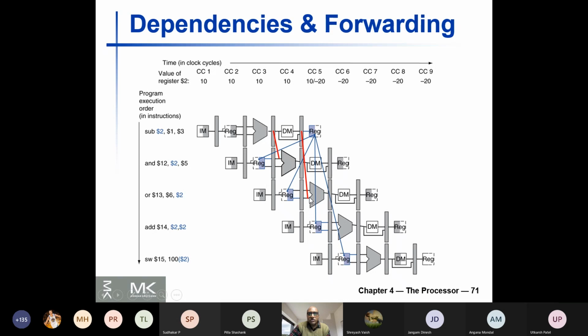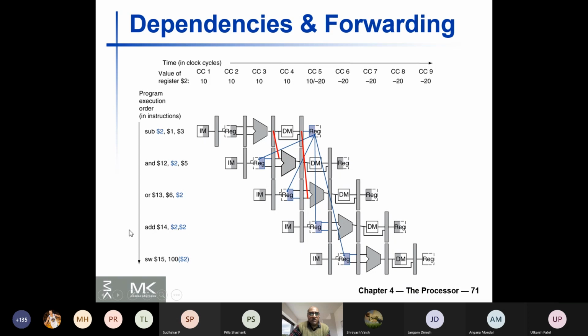So the desired contents are not available here either. So here also it requires forwarding. That way you need to detect where forwarding is required, and then accordingly forward the data from different places to the execution stage.